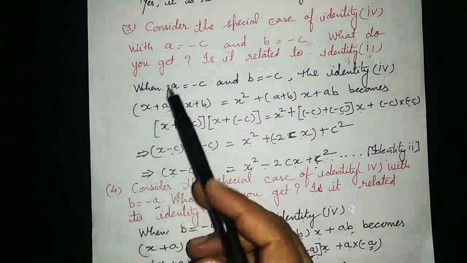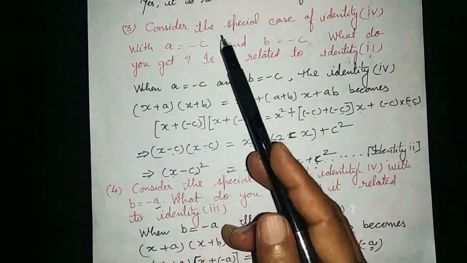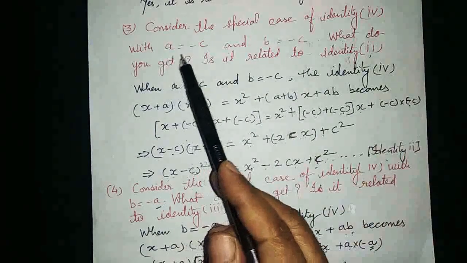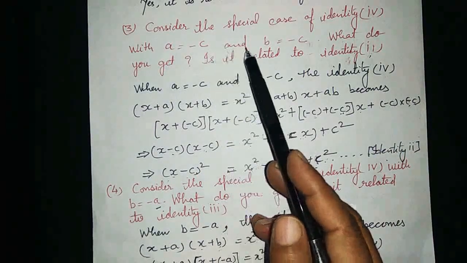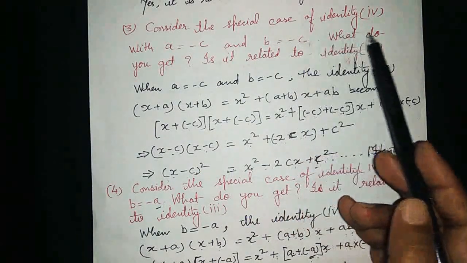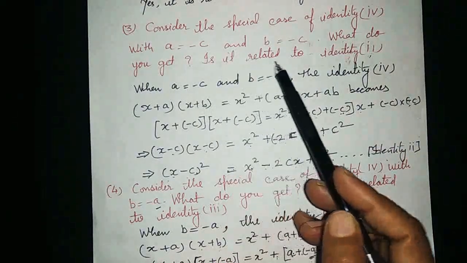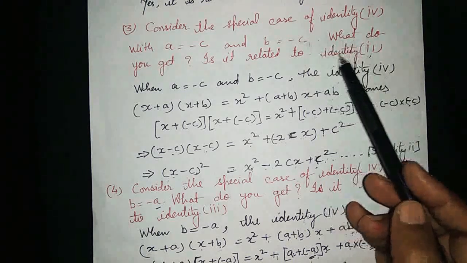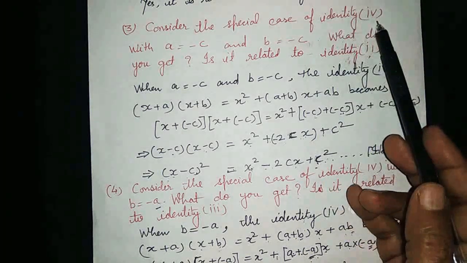Now students, see the question number 3. Consider the special case of identity 4 with a is equal to minus c and b is equal to minus c. What do you get? Is it related to identity second? Here we will use identity 4th.